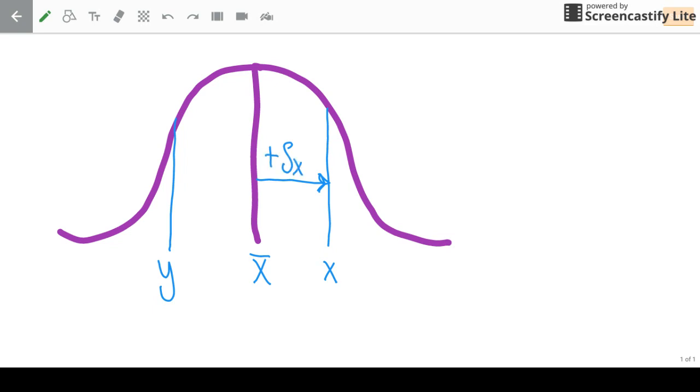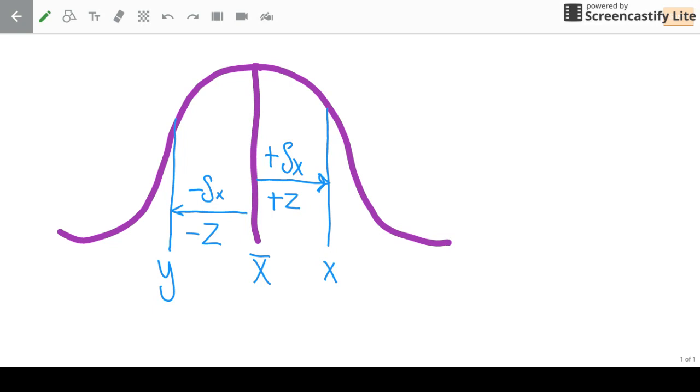And since I'm going to the right, this is going to be a positive z-score since I'm adding standard deviations. Now, as I go to the left, then I'm subtracting my standard deviations. So that's a negative z-score. Now again, when we measure from the mean, we're measuring how many standard deviations we are.